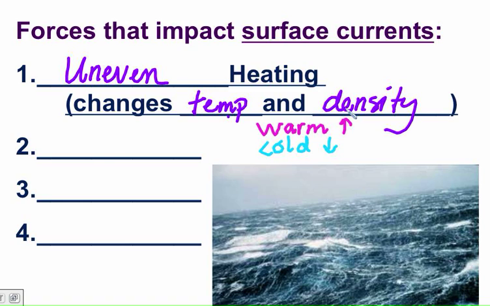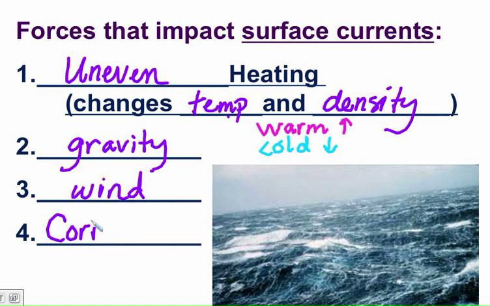So that temperature creates differences in density across the ocean. Other things that impact surface currents are also gravity, wind, of course, is blowing the ocean water's top around, as well as Coriolis effect. Coriolis, again, happening because of the rotation of Earth.